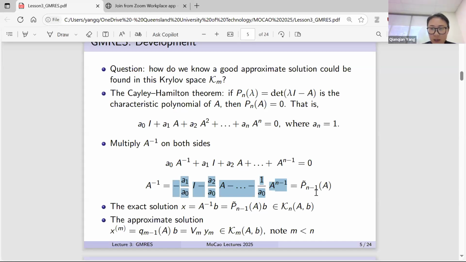Okay, a polynomial of A of degree n minus 1. So I know my A inverse can be written as a polynomial of degree n minus 1. Okay, so this is great. So we know that our exact solution x is A inverse B, and my A inverse can be written as a polynomial of degree n minus 1.